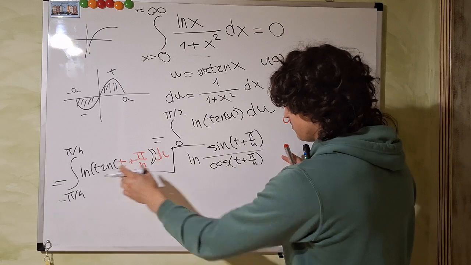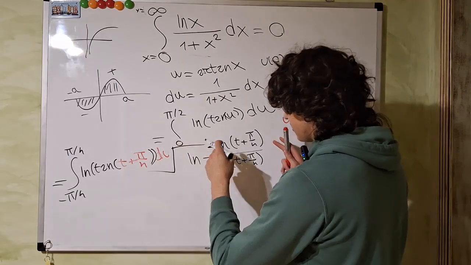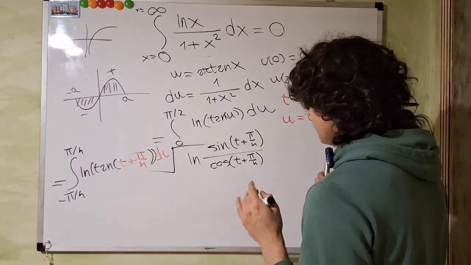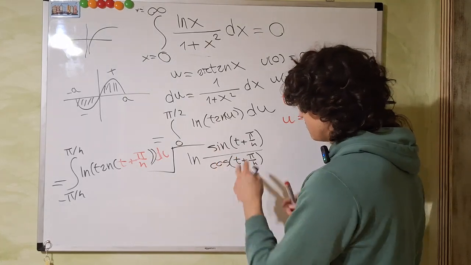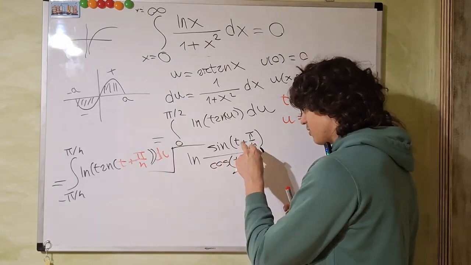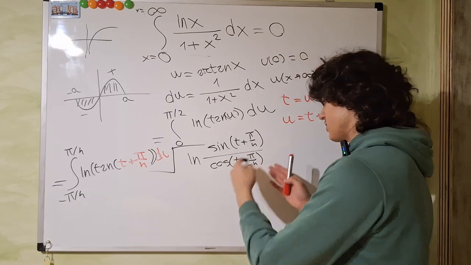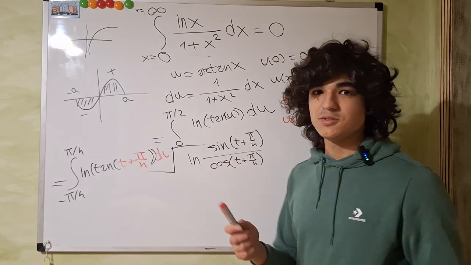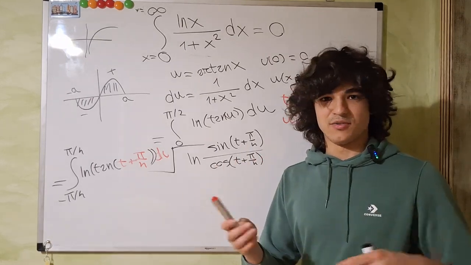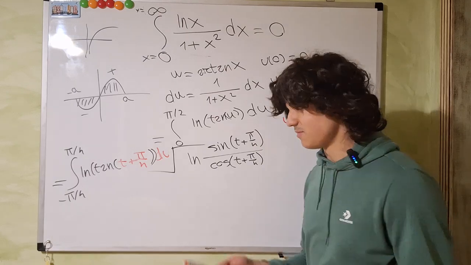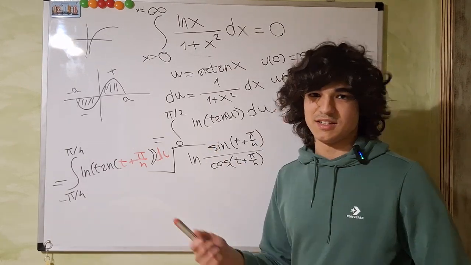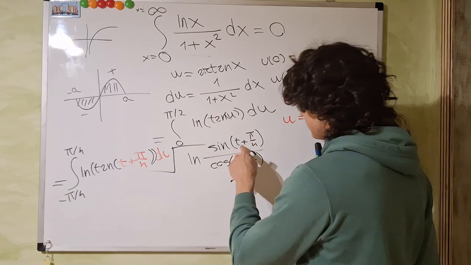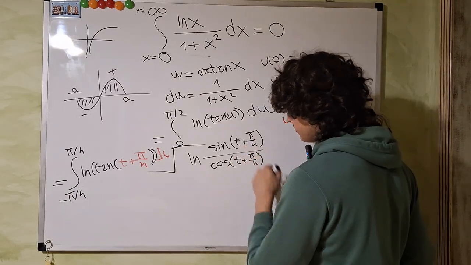I just replaced tangent of x by sine of x over cosine of x. But we can split the sine and cosine, because we have the sine of the sum of two angles and the cosine of the sum of two angles. We can use the addition of angles formulas to split sine and cosine in terms of sine and cosine of these angles here.